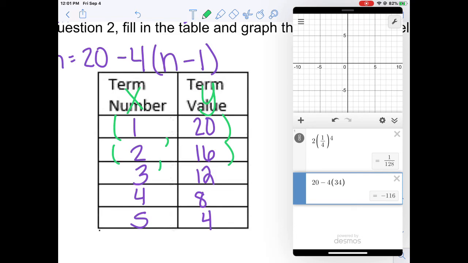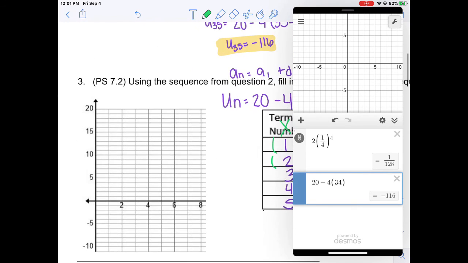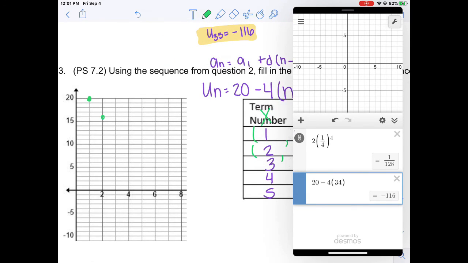If we go like this, so we'll graph our coordinates. 1, 20, 2, 16, 3, 12, 4, 8, 5, 4.